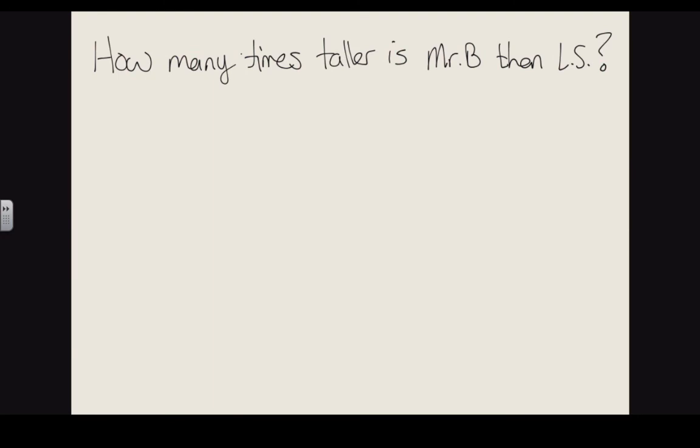What are we comparing? Okay, this word taller indicates that we're comparing what value? Height. Yep. Okay, so there's definitely still a comparison here. We are comparing height. So I'm going to emphasize this. Okay? And because there is a comparison, we will turn to this idea of a ratio.